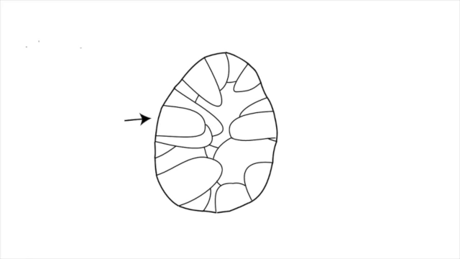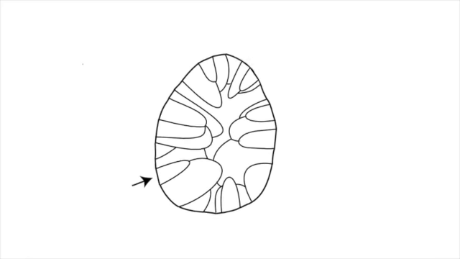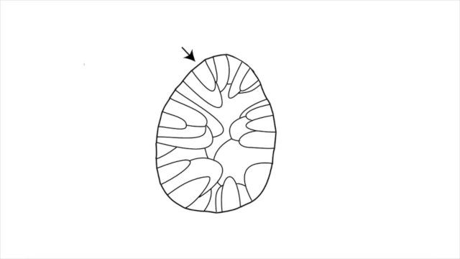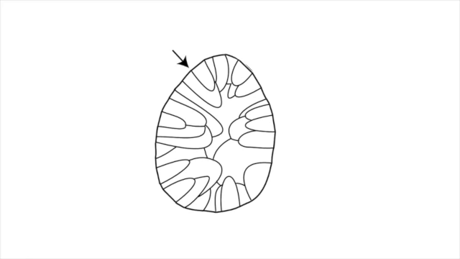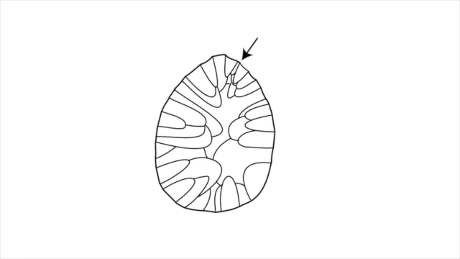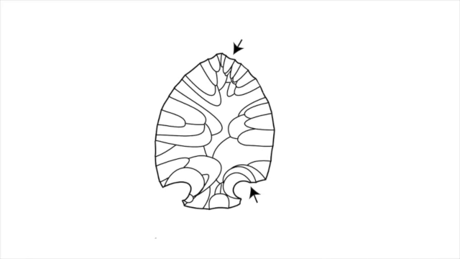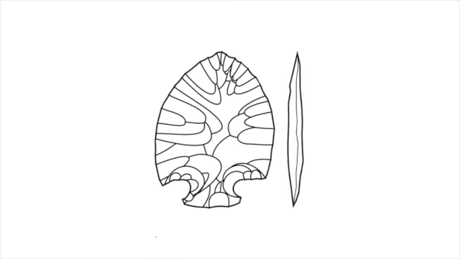Pressure flaking can also be useful for continuing the thinning process on our biface, as well as to finish its shape and later add notches. Adding a pair of symmetrically arranged notches near the base of the biface allows it to be hafted as an arrowhead or a spearhead.